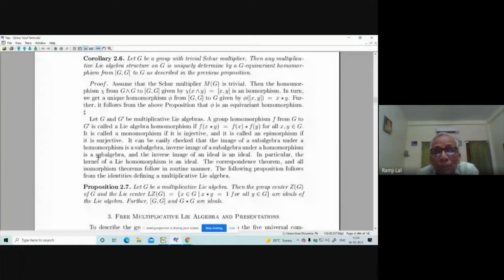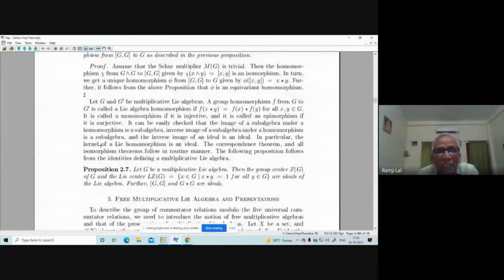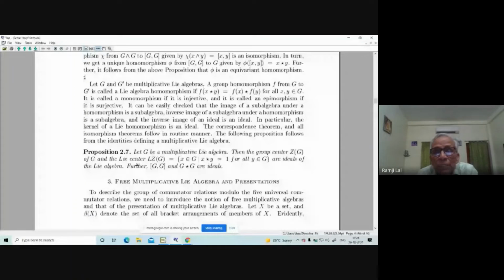Now, as usual, homomorphism, subalgebra, Lie ideal, etc. can be defined as here. So, for example, G is a multiplicative Lie algebra. A multiplicative Lie algebra is a group also, together with the operation star satisfying certain properties. So we can talk of the center of the group, and all the group things we can use.